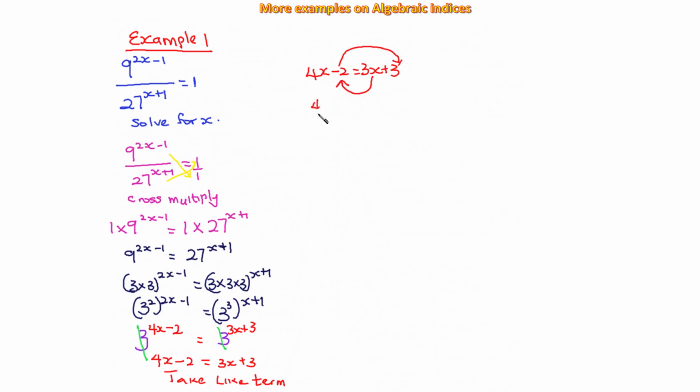Once this 3x comes here, it changes its sign. The sign here is plus, then once it comes here, it changes to minus. Then this minus 2 changes to plus 2. Then you have 4x minus 3x equals 3 plus 2. 4 minus 3 is 1, then you bring the x. Then 3 plus 2 is 5. Now we can say our x is equal to 5.